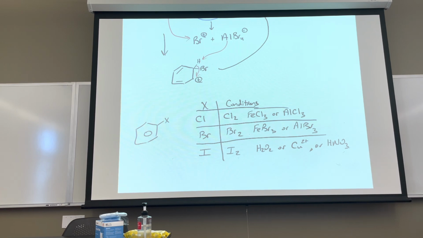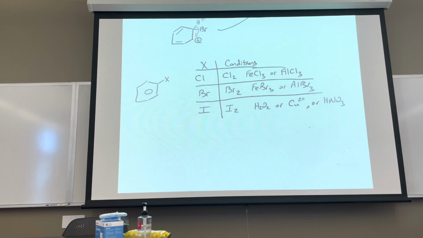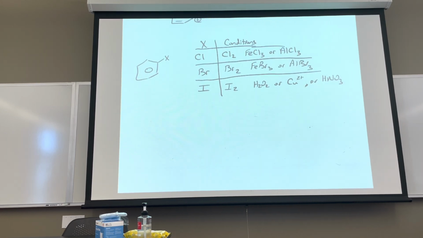Okay. And so getting into the question that was asked a minute ago, why do we even care about doing this? Why would this even be useful to us? What you're probably going to be using this for quite extensively is in the context of Grignard reactions.